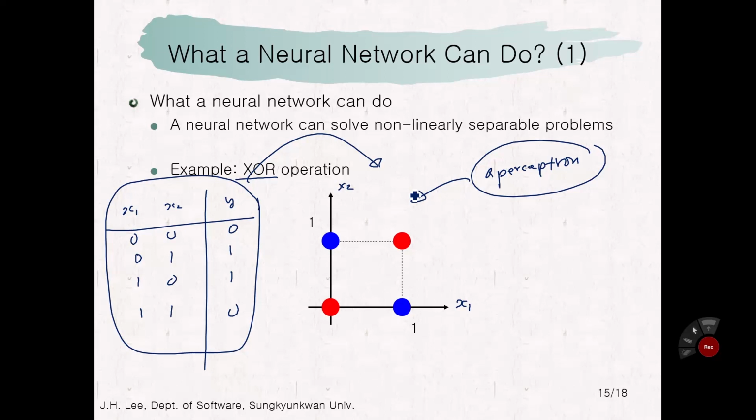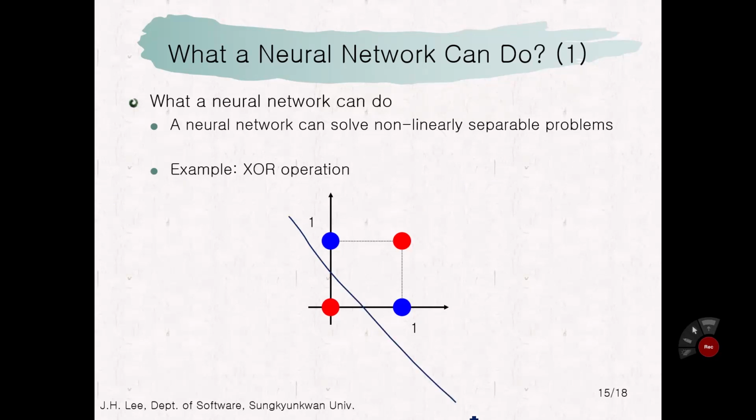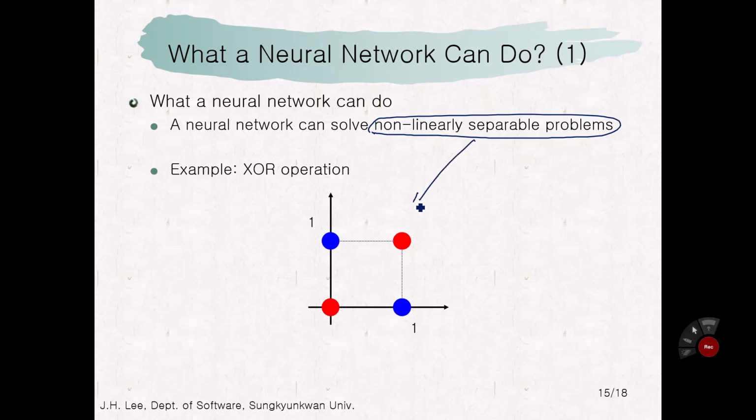But unfortunately, in this problem you cannot separate red and blue with just one line. For example, like this? Nope. The red and blue are not totally separated. What about this? Nope. So this is a non-linearly separable problem.